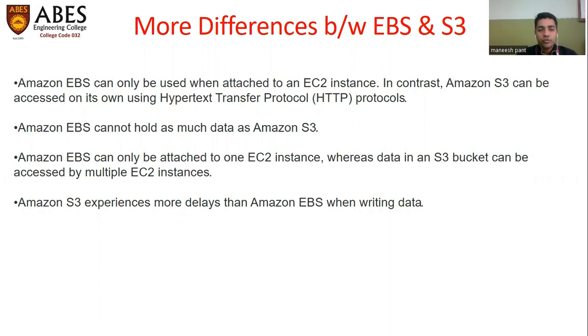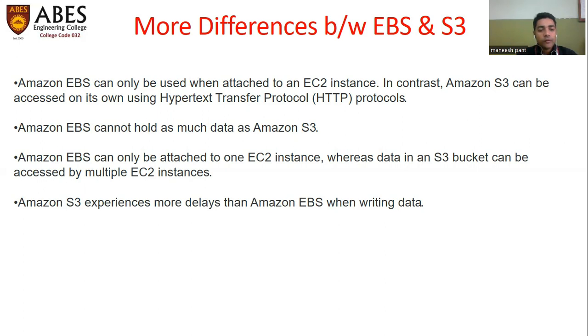We can use it without attaching to EC2, just by a URL, as a storage. Next, Amazon EBS cannot hold as much data as Amazon S3. S3 can hold an unlimited amount of data, with a maximum size of 5 TB per object. EBS can hold a limited amount of volume only.